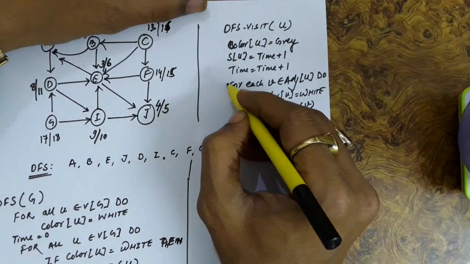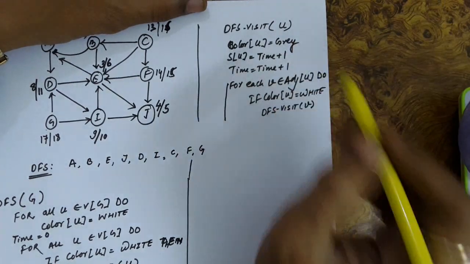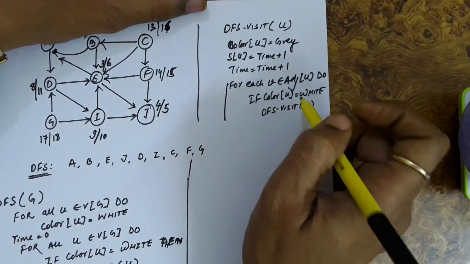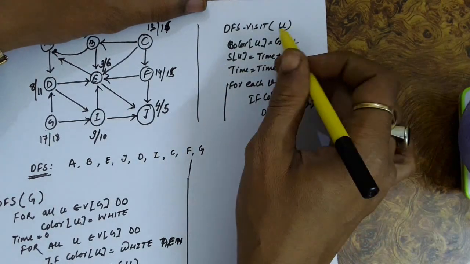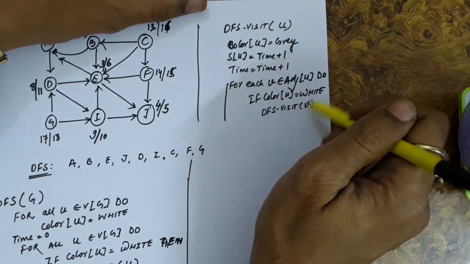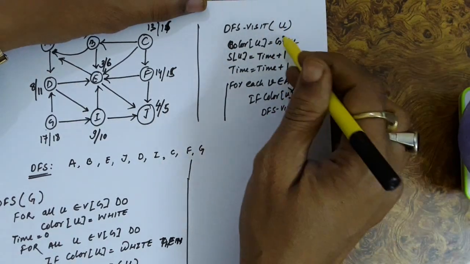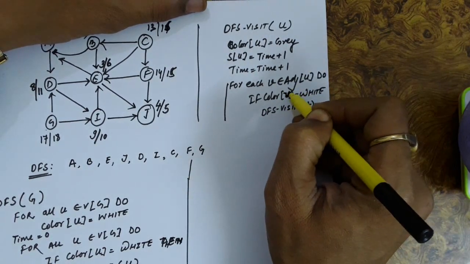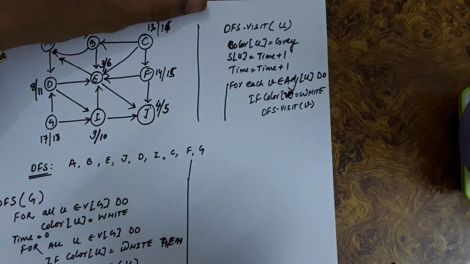Fine. So this way every connection of u will be seen once. But the first vertex that you see, you will call the same function recursively. It means you are going in the depth of the first explored vertex. So the first explored vertex has a color white. You will pick that one only and you will explore that vertex.